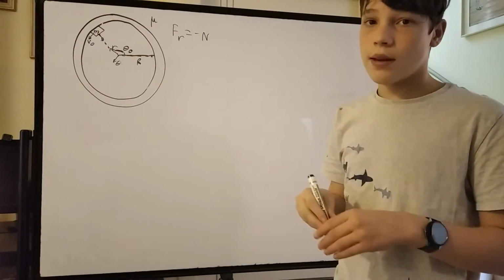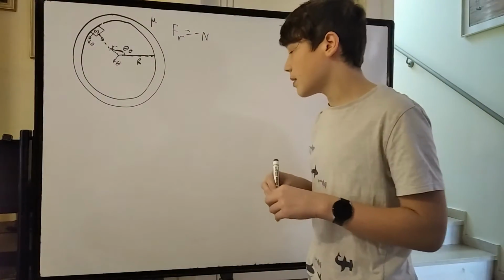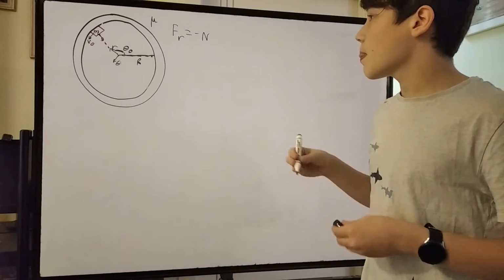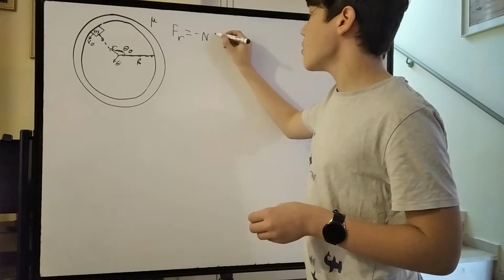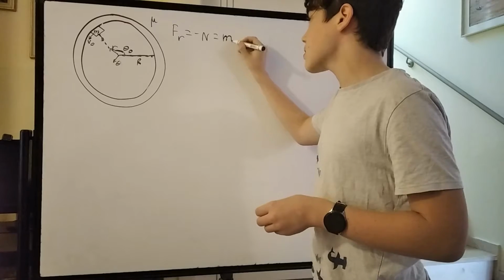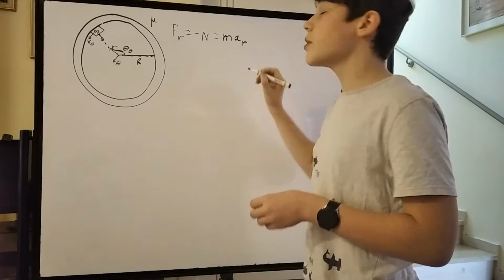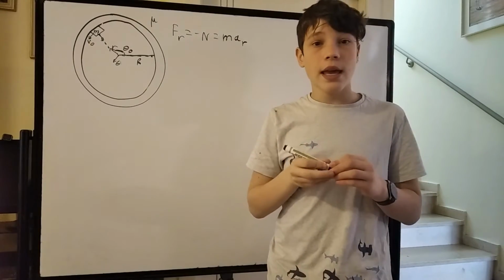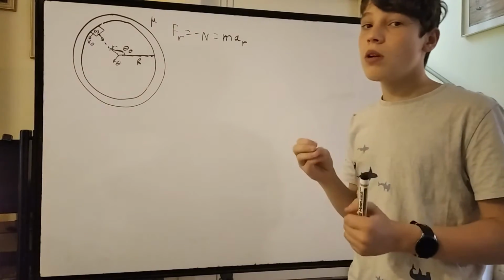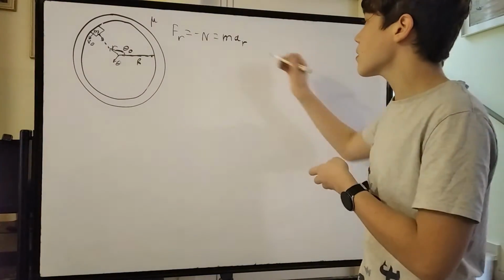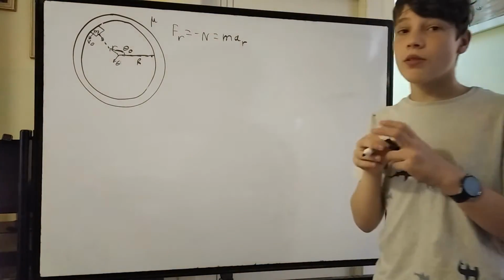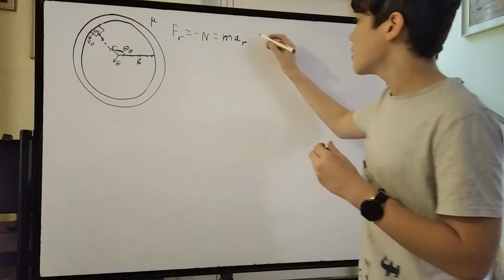It's coming from the ring. But we also know, by Newton's laws, this is mass times acceleration in the radial direction. And we also know the formula for the acceleration in the radial direction.